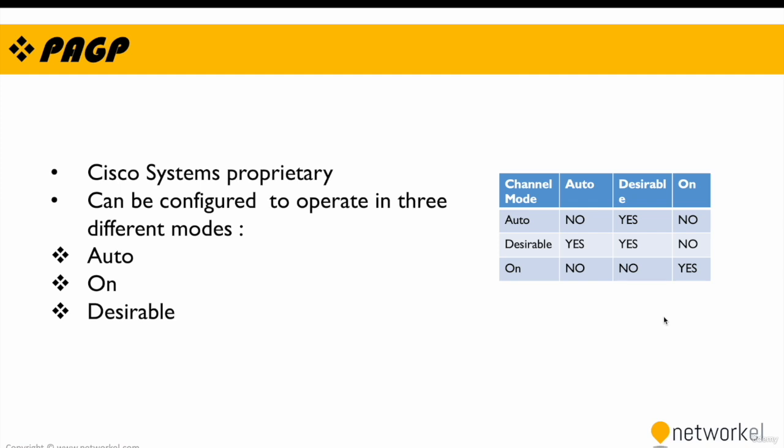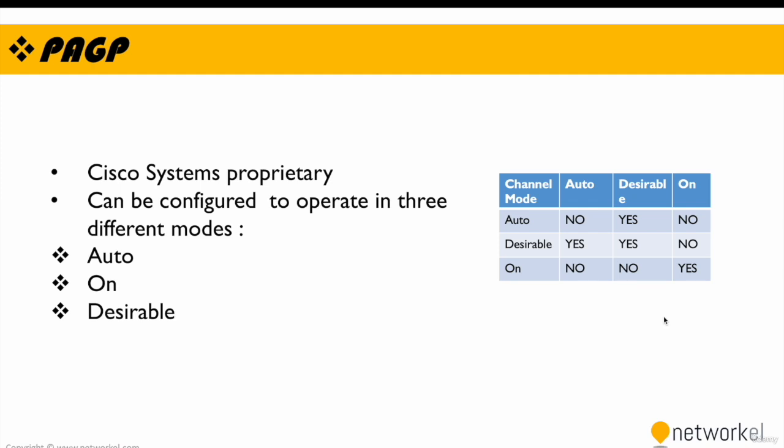It automatically detects and configures multiple Ethernet links between switches or routers to form a single logical Etherchannel. PAGP uses a negotiation process between the connected devices to determine which ports can be bundled together based on their capabilities and configurations.